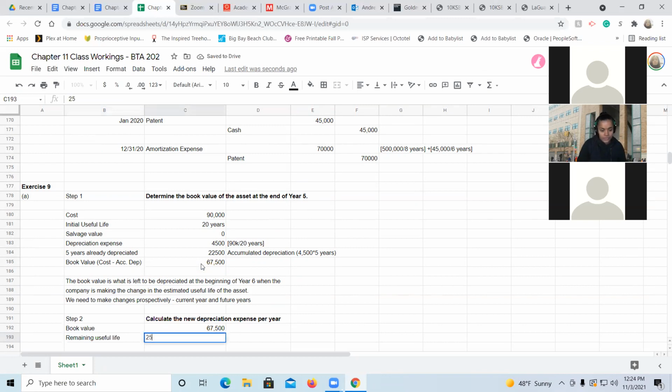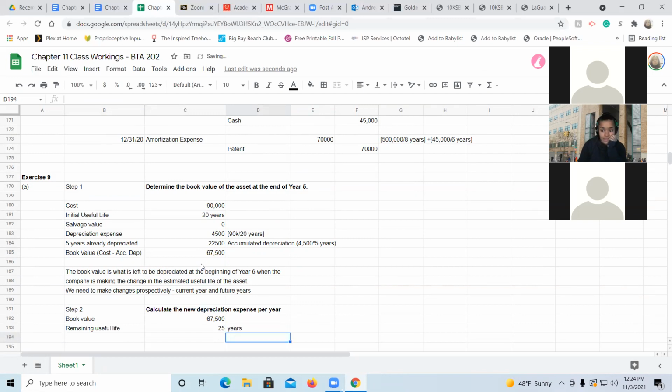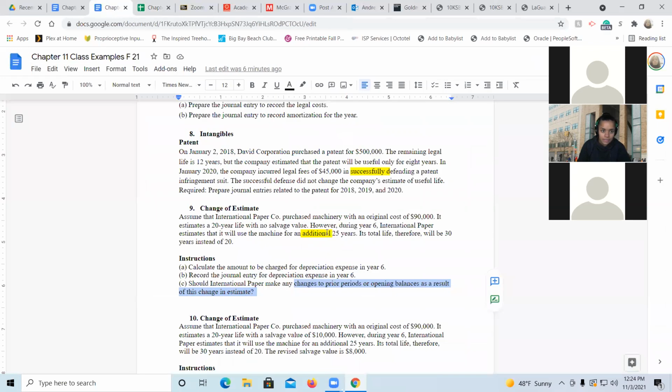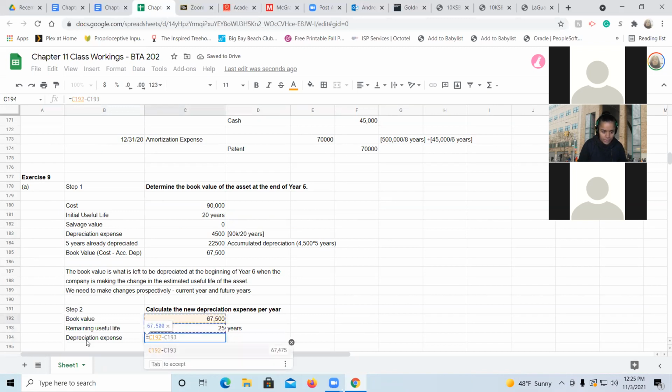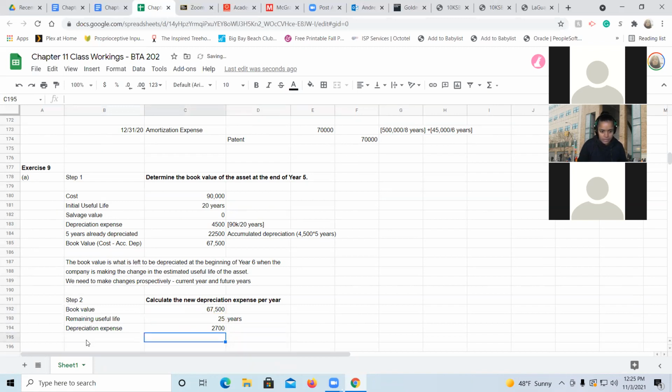So the remaining useful life is 25 years, not 30 years, not 20 years, not some other amount, not 24 years, because you counted 6 years, 25 years additional time, right? Additional 25 years. And then your depreciation expense is going to be simply this, right? Book value divided by the number of years, 2,700. So it's 67,500 over 25 years remaining. This is the depreciation expense.